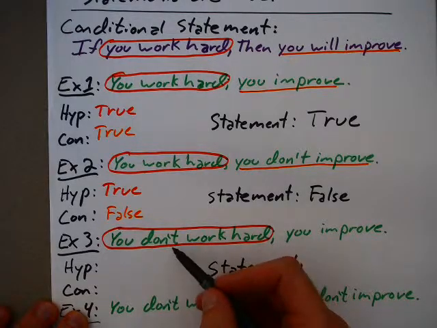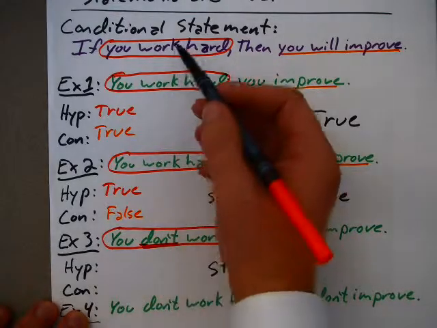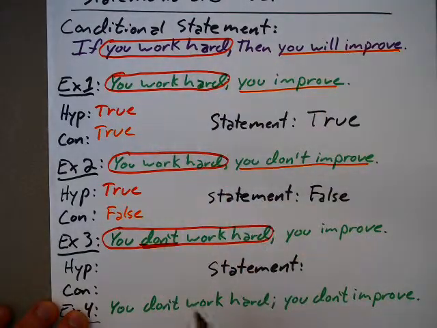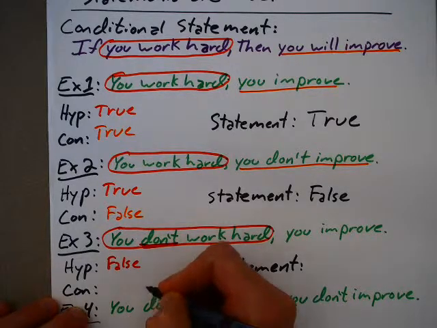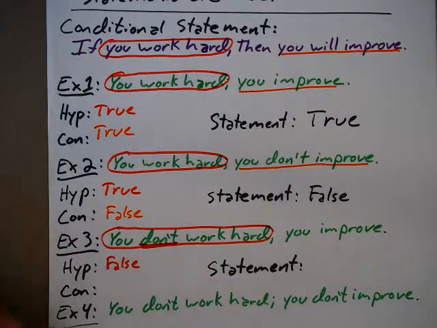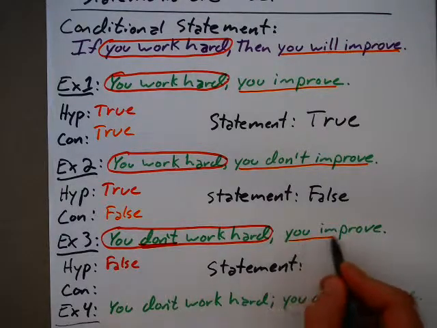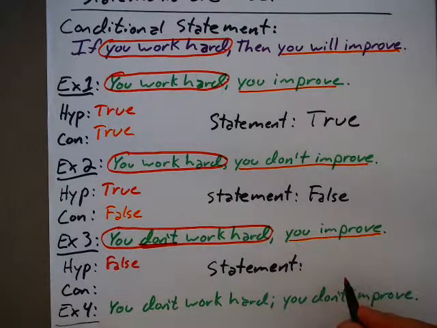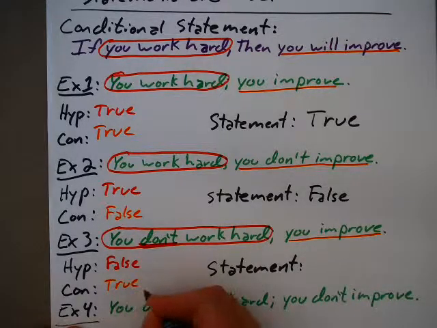Okay, so we can see that because of this don't, it is not the same as our original here. So this is going to be a false hypothesis. But look at our conclusion. You didn't work hard, and yet somehow you still were able to improve. So this conclusion is true.